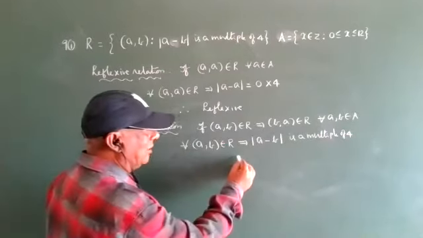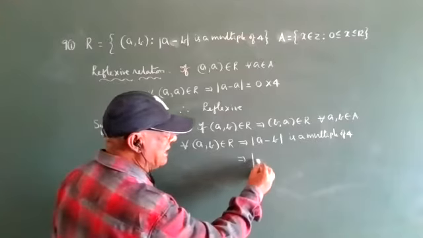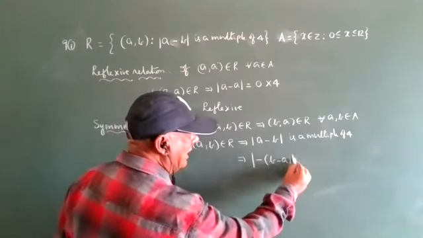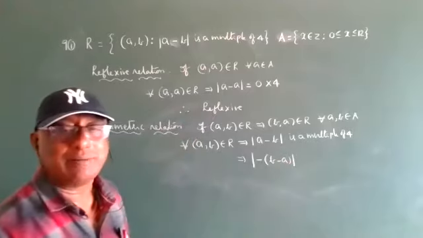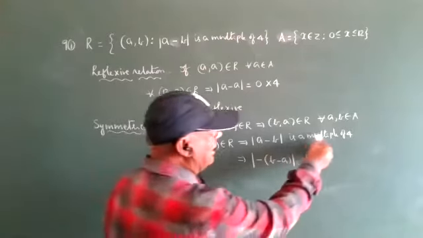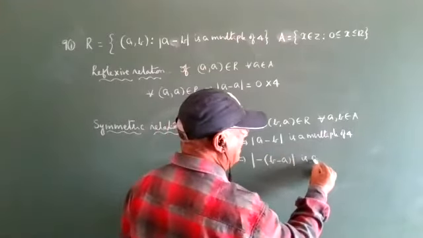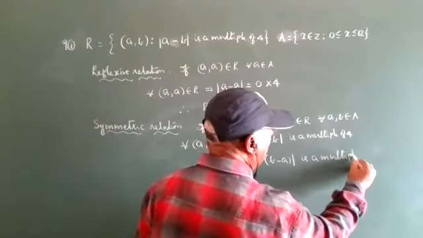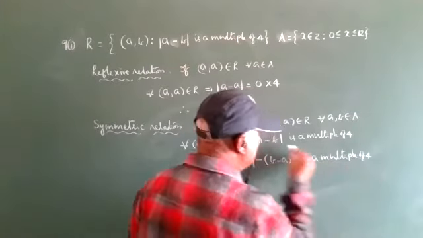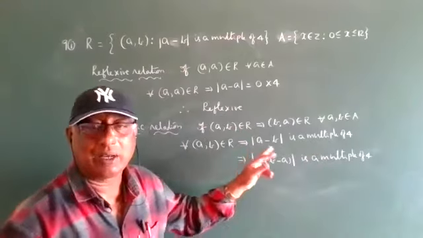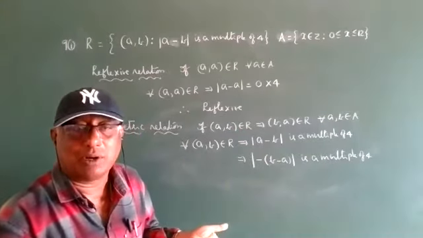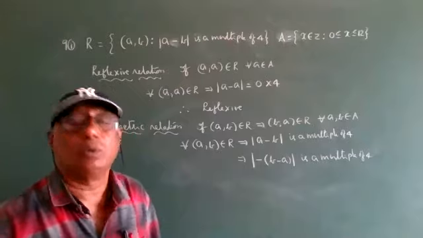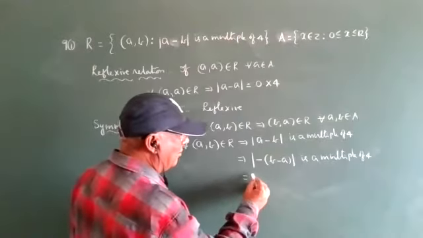Very carefully observe. Now I will take minus common, so modulus of B minus A. Under the modulus, taking minus common cannot change the value; it is a multiple of 4. Minus will make the modulus positive.